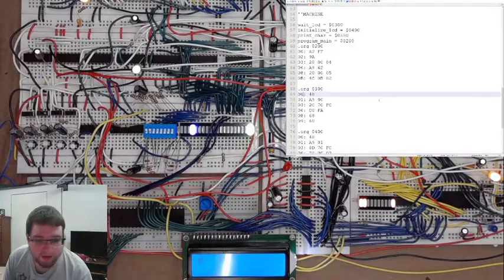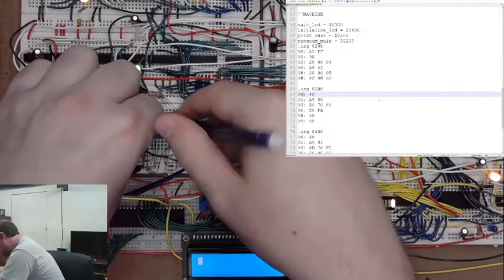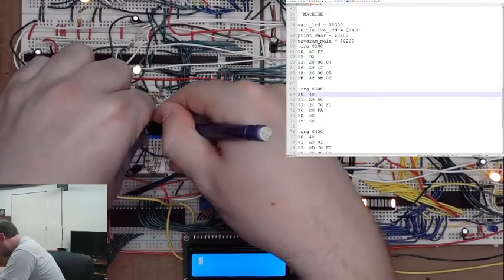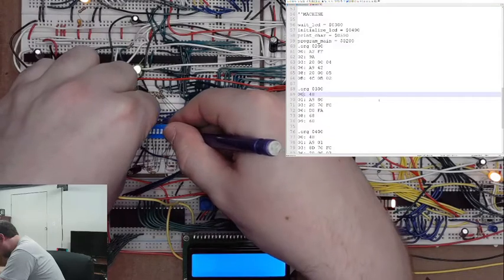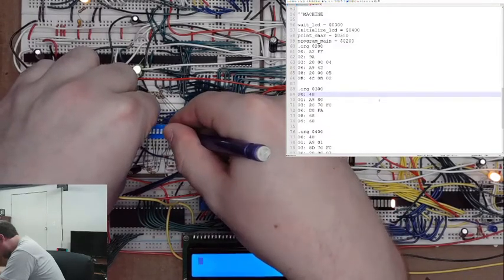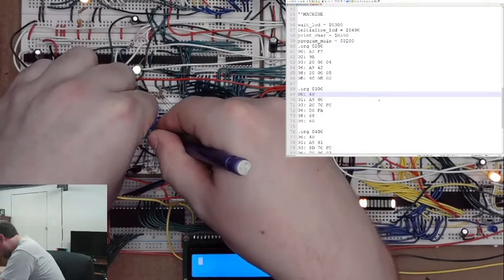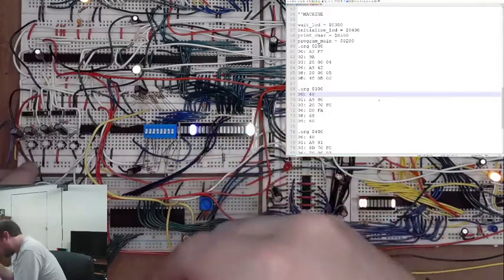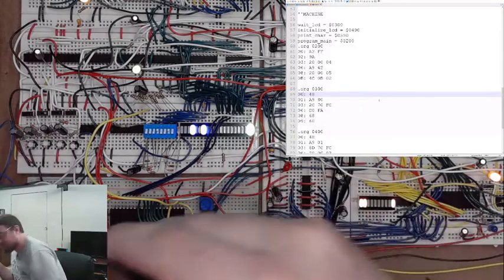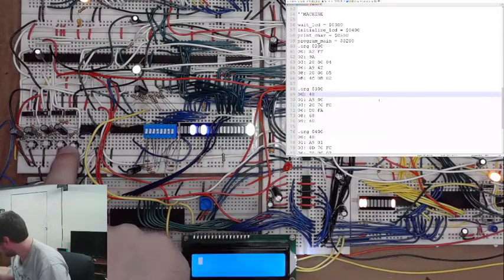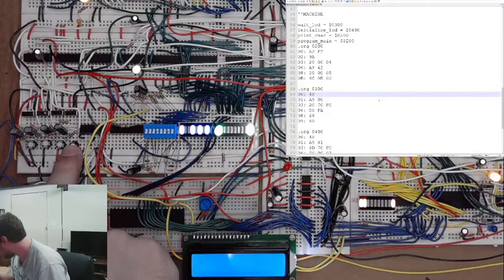We are currently here. This should be 4, 8. Four, 8. Okay, then it should be a 9. A 9.